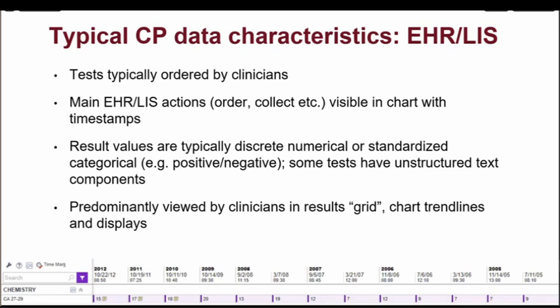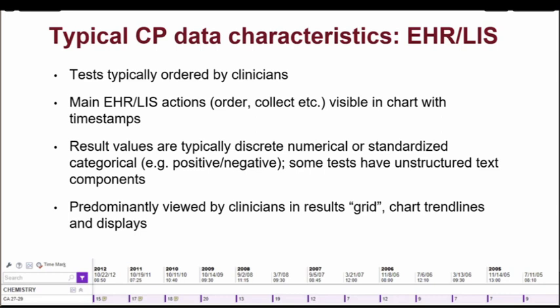When it comes to our EHR and LIS build, there are some additional considerations. So CP type of tests in our LIS tend to be ordered by clinicians in the EHR or by a clinician delegate. The order is usually immediately visible to all, and they contain standardized timestamps such as order, collection, verified, etc., that are visible.